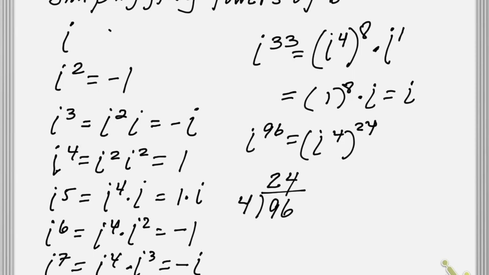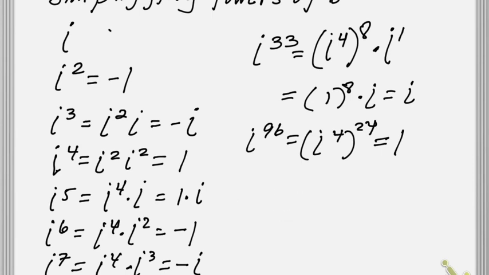By the laws of exponents, a power to a power, multiply. 4 times 24 is 96. So what is that? 1 to the 24th, which is 1. So i to the 96 simplifies to 1.